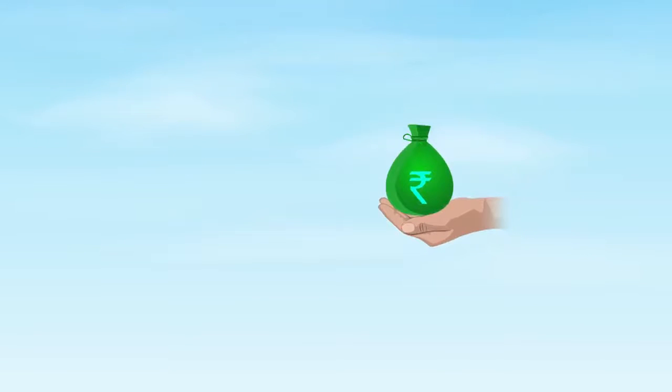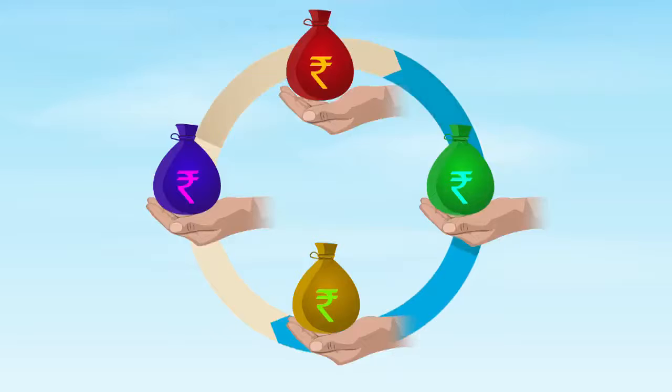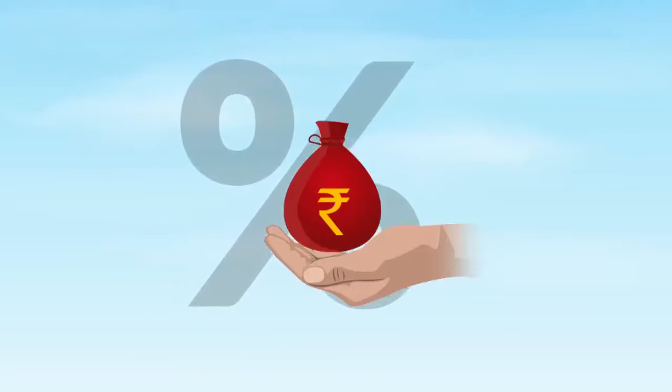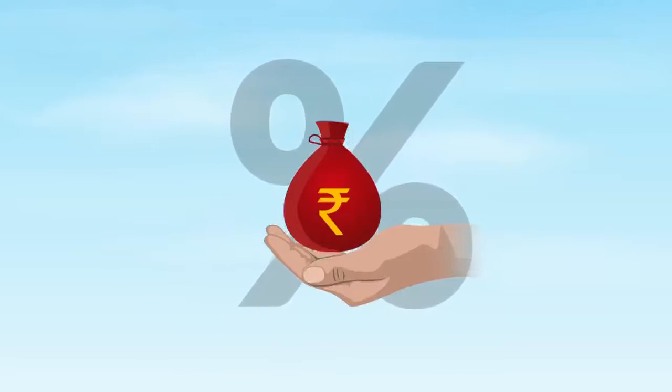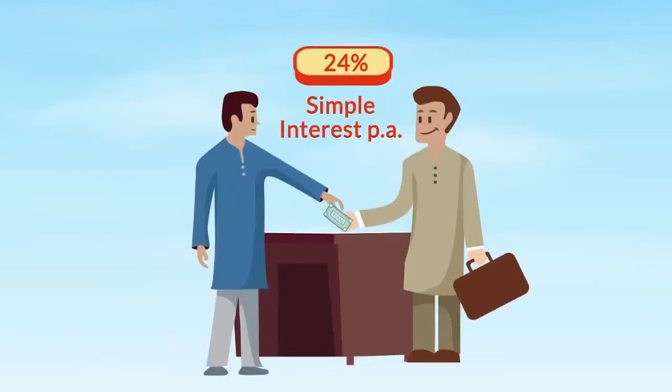In this manner, he can get trapped into a vicious cycle of endless borrowing. This is more likely if the loans bear high rates of interest. High interest bearing like the loan from the moneylender that we were discussing at 24% per annum simple interest?